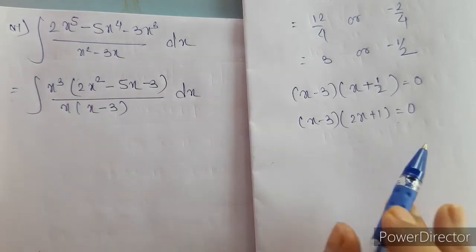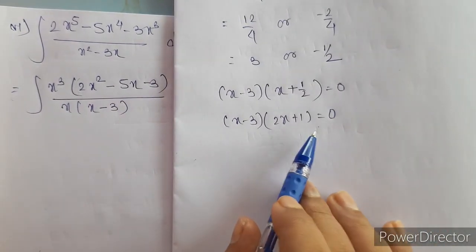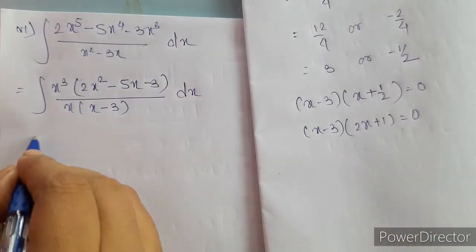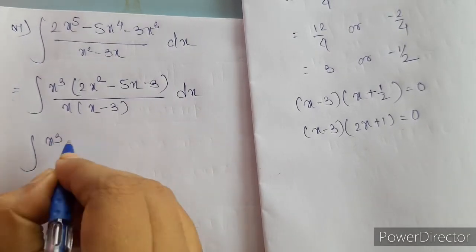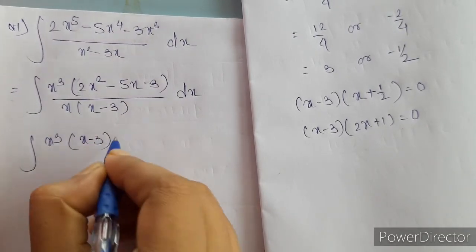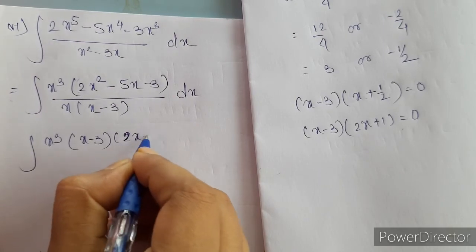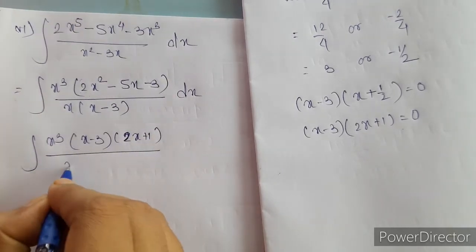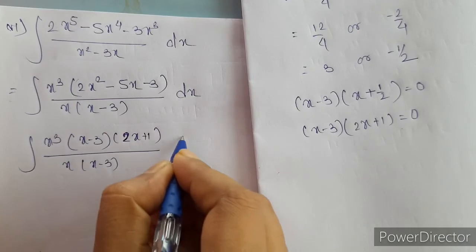So, instead of this, now we are replacing it by x minus 3 into 2x plus 1. So, the integral of x cube into x minus 3 into 2x plus 1, divided by x into x minus 3, with respect to x.